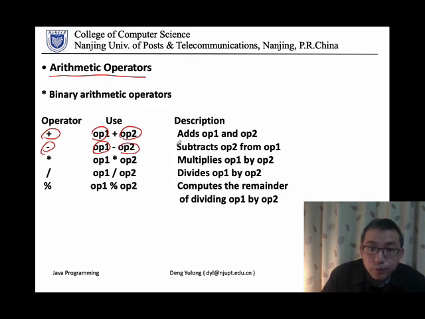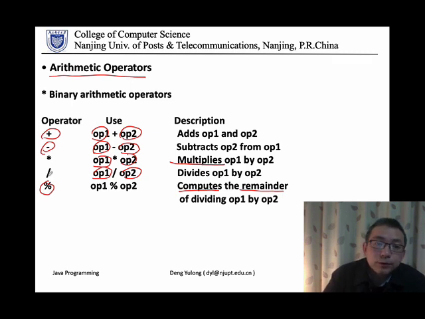And we multiply the two operands or divide them. Or we compute the remainder of dividing, using this sign. So these are the arithmetic operators.